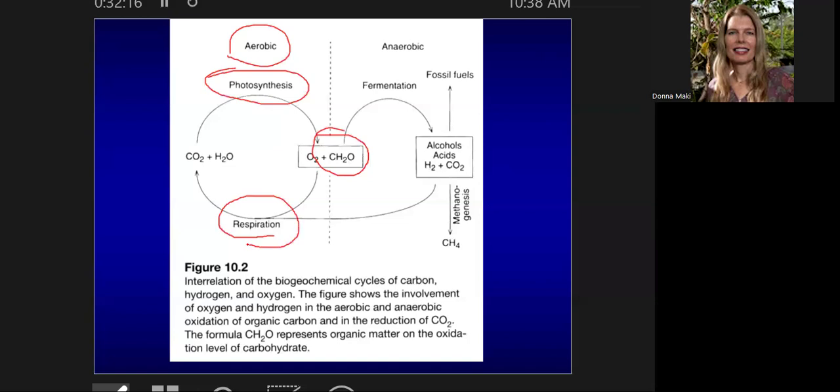You're breaking down the carbohydrates and in that process, carrying out respiration in order to make your ATP. And as you do that, you give off CO2. All right. And so then the cycle just goes around and around and around. So we're aerobic organisms. We kind of fit in on this end of it.